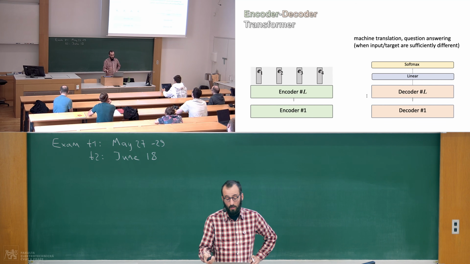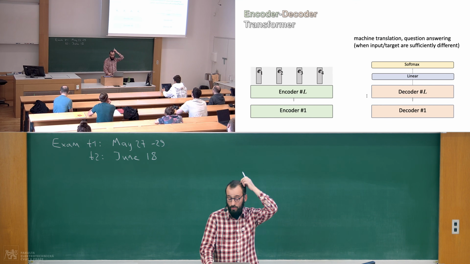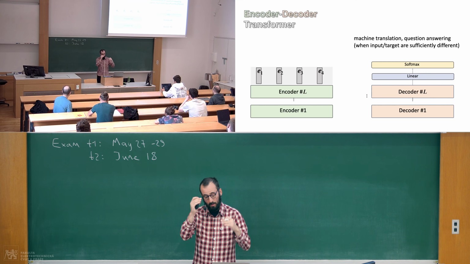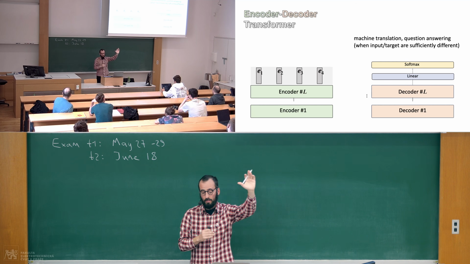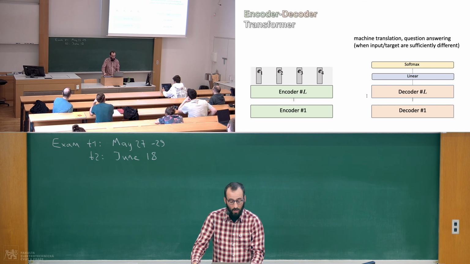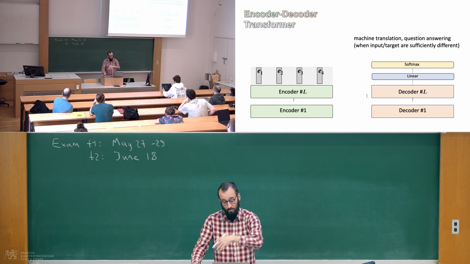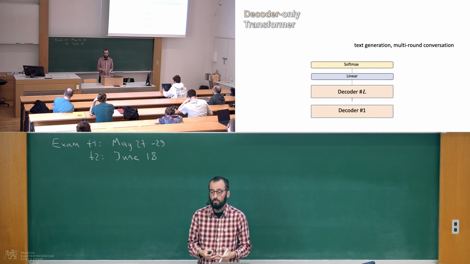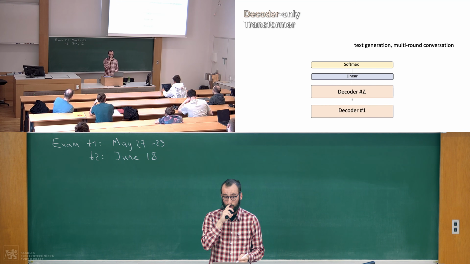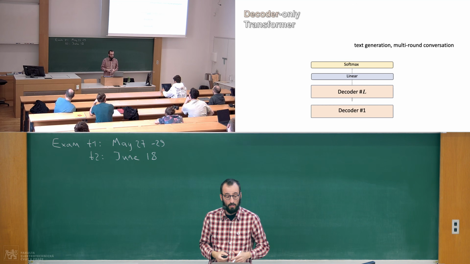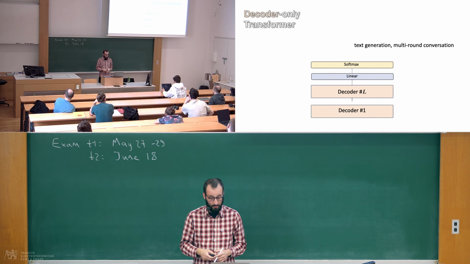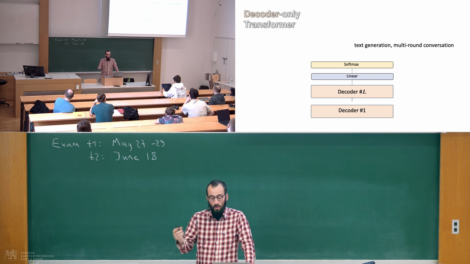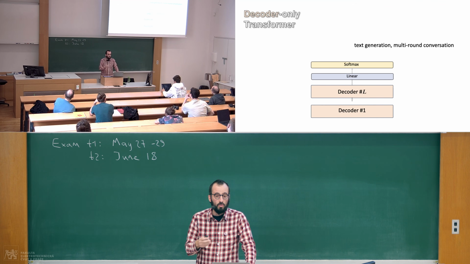Okay, so actually maybe to motivate it a bit by what I said about this discrepancy, the high level representation matched with low level representation, but not only that, you also have decoder only architectures that are really the standard choice for tasks such as text generation or multi-round conversation, which means ChatGPT.